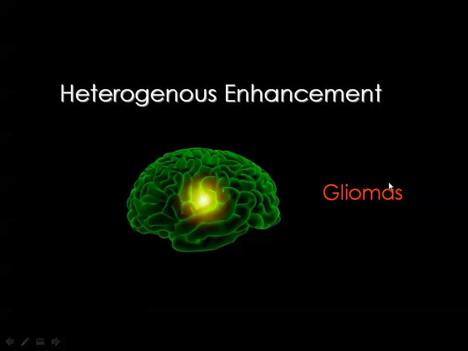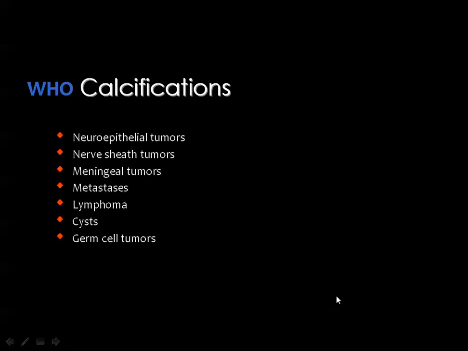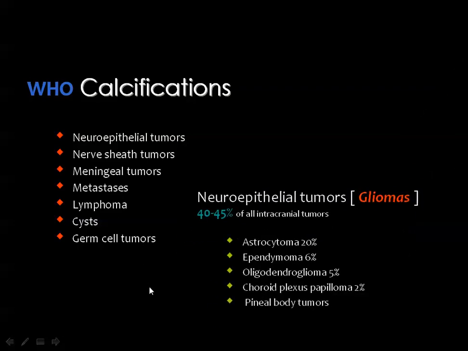Then we came to the issue of heterogeneously enhanced lesions, and under this title we'll include most of the gliomas. You know that there is a new WHO classification of the brain tumors, which has mentioned that the tumors should be classified into neuroepithelial lesions, nerve sheath tumors, meningeal tumors, metastasis, lymphoma, intracranial cysts, and the germ cell tumors.